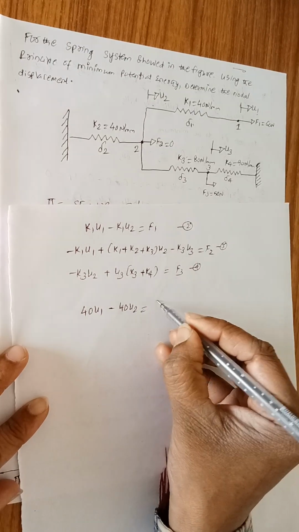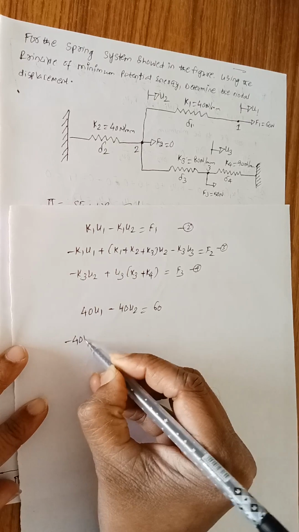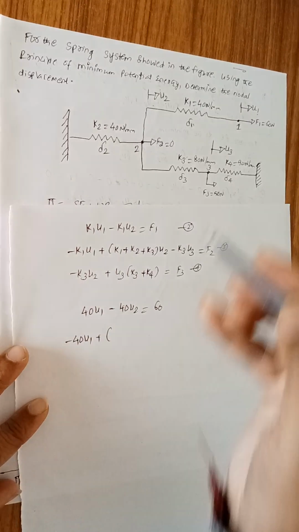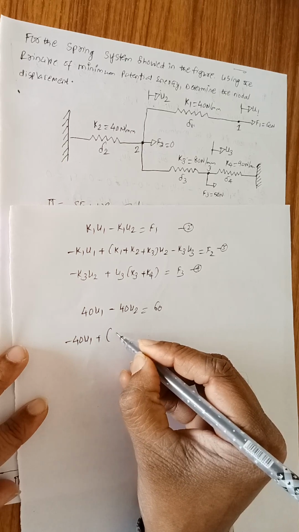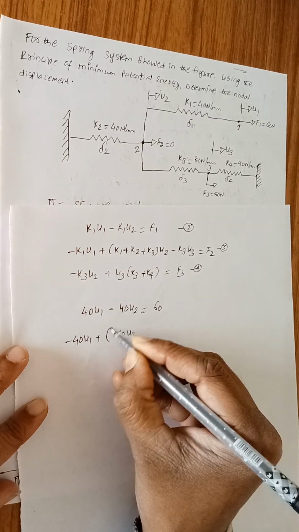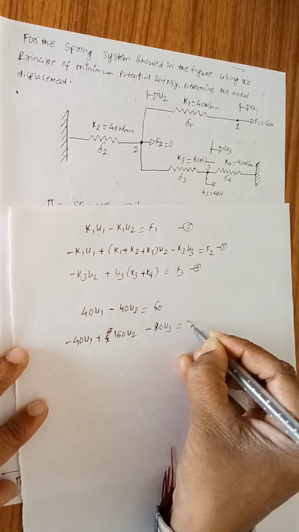F1 is 60, and here it is given as minus 40 u1 plus k1 plus k2 plus k3, 40 plus 40 plus 80. So 40 plus 40 is 80, plus 80 is 160, 160 u2 minus 80 u3, that is going to be equal to 0.